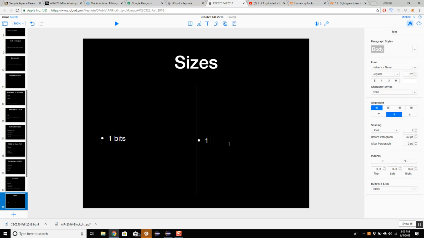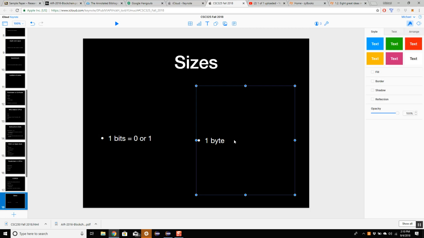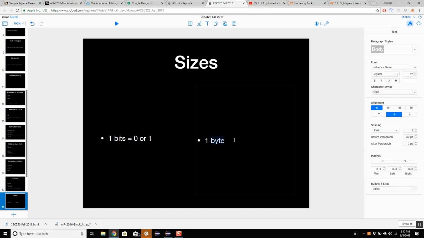And hopefully most of you have seen this before. What's a bit? What's a single bit? 0 or 1. What's a byte? 8 bits. All right, so a byte is 8 bits.